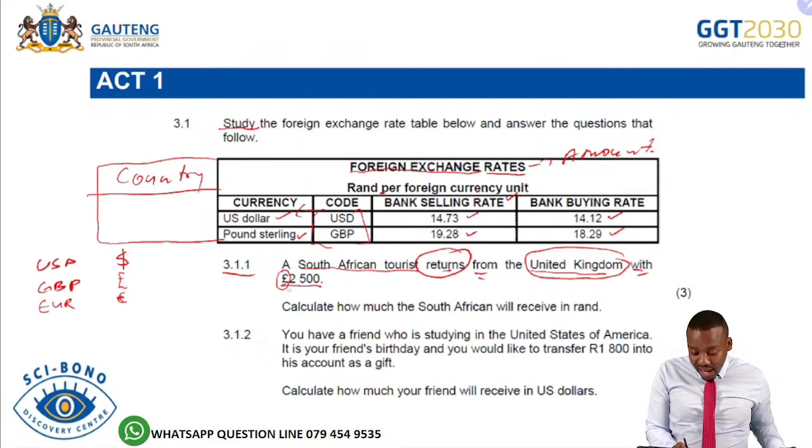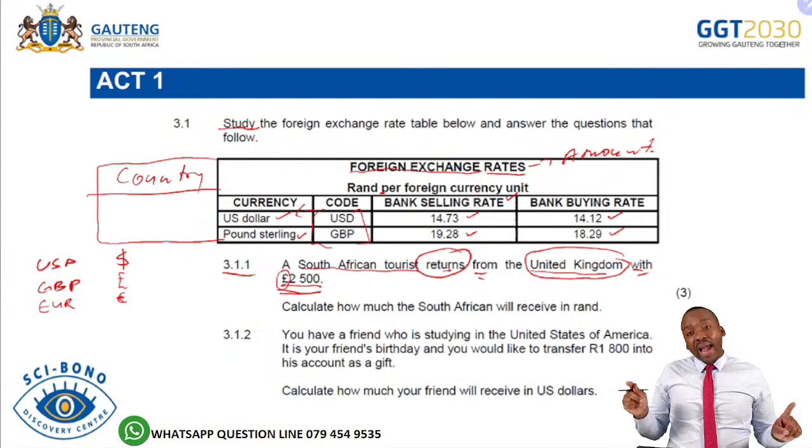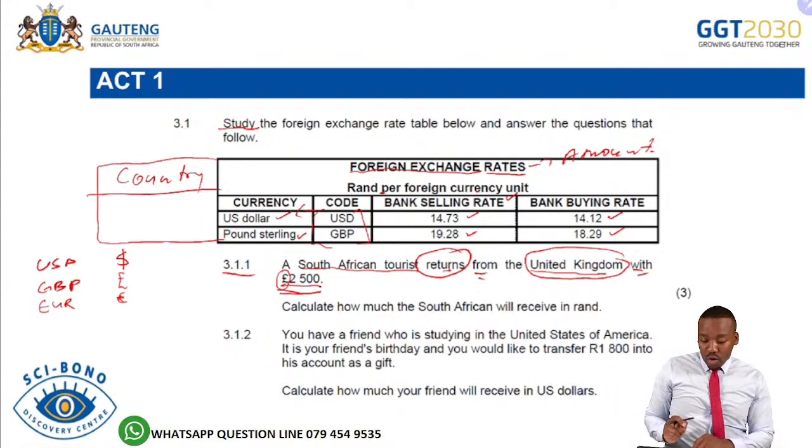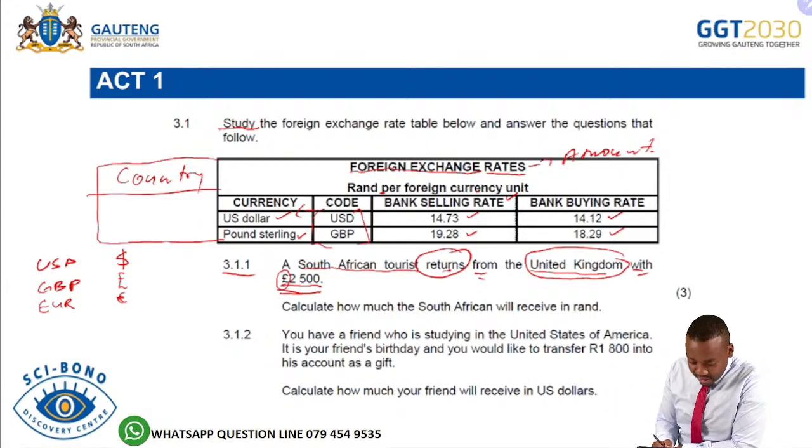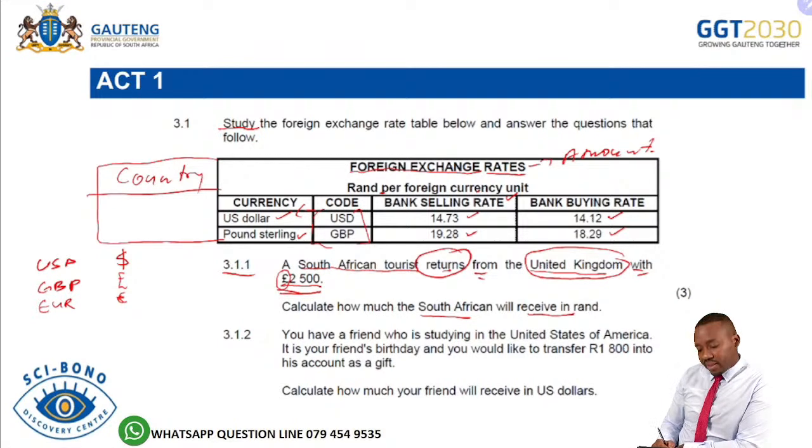Now this person has 2,500 pounds left with him, and now he's returning to South Africa. What happens here? Calculate how much South African rand he will receive. Then the mark allocation, 3 marks.